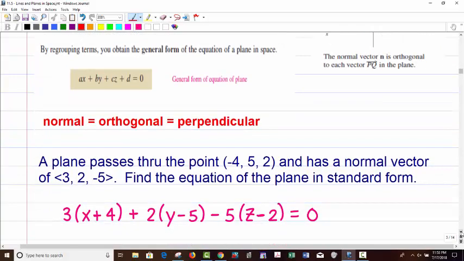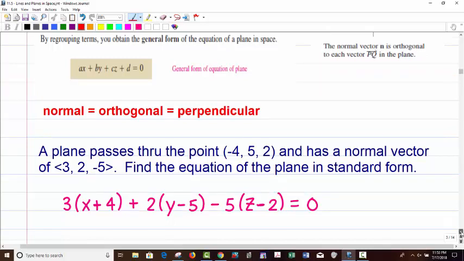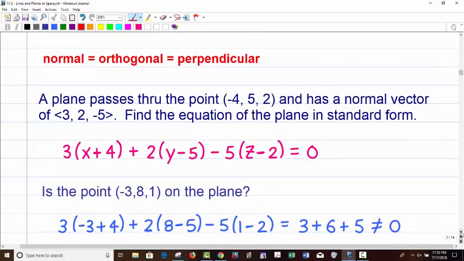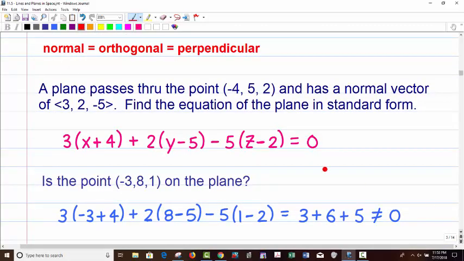So here we go. The plane passes through the point -4, 5, 2, and has a normal vector of 3, 2, -5. Find the equation of the plane in standard form. And really easy. So 3, 2, and -5 are your coefficients in front of the parentheses.